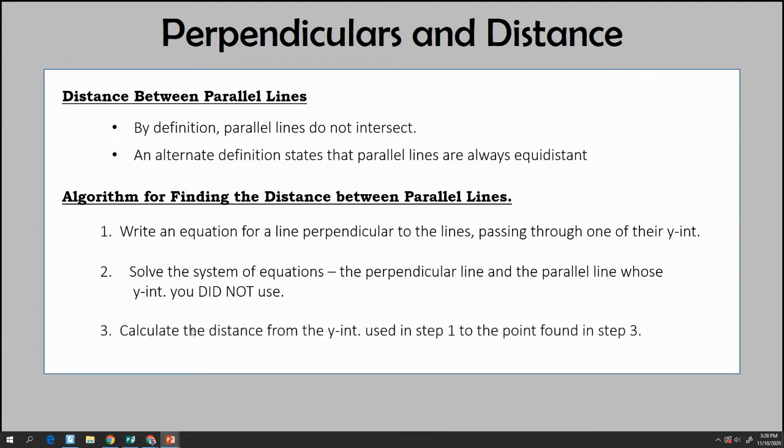That calculation will tell us the point of intersection between our perpendicular line and the line we did not use. And then we're going to use that point of intersection and the original y-intercept to find the distance between the two lines. It'll be more clear when I go through it. It's kind of vague right now.